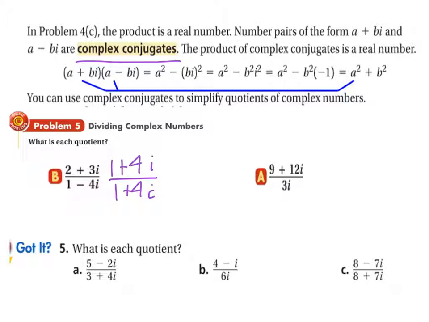And we need to find our products. Again, the trick on the bottom, and if you want to box or FOIL this out, you can. The trick on the bottom is that it's just a squared plus b squared. So a is 1, b is 4, so it would be 1 plus 16. Squaring the 1, squaring the 4, there we go. So it's going to be a total of 17 for the denominator.